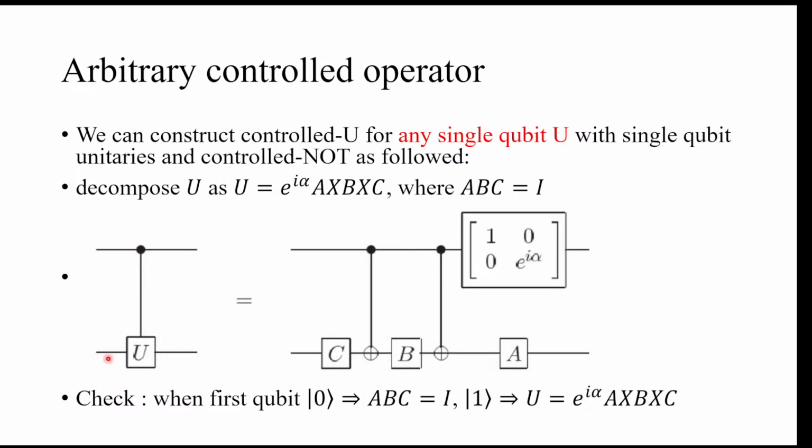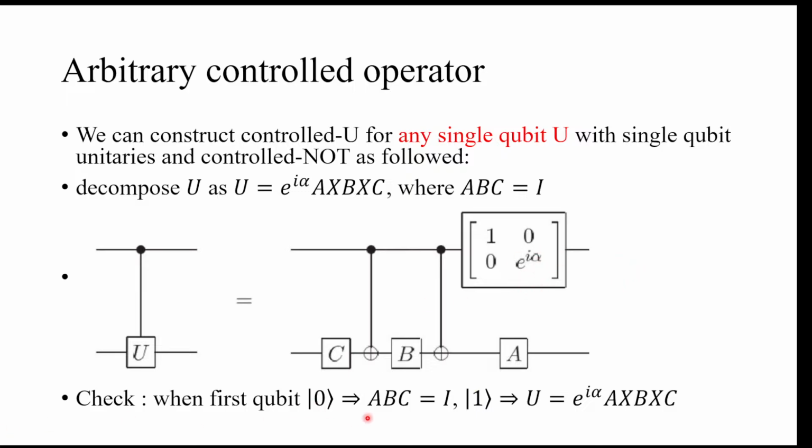And so we actually need to do something with the global phase, and it's this gate here. This is basically a rotation around the axis. It's very much like Z, but with the e to the i alpha here. So only when this qubit is 1, you will get this e to the i alpha phase.